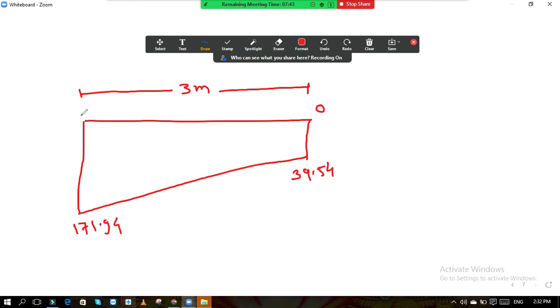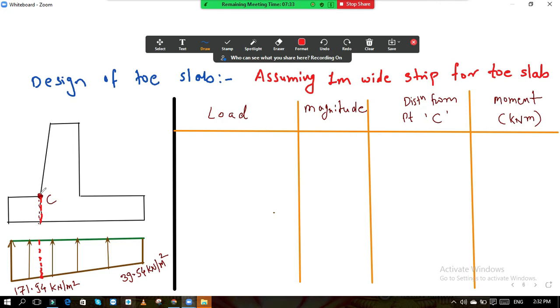Okay. Suppose from O, if you go at a distance of 3 meter, your intensity is 171. But where do we want it now? We want it at point C. From O point, how much is the distance of this C point? If this total is 3 meter, this projection we know is 1 meter, so the remaining will be 2 meter.